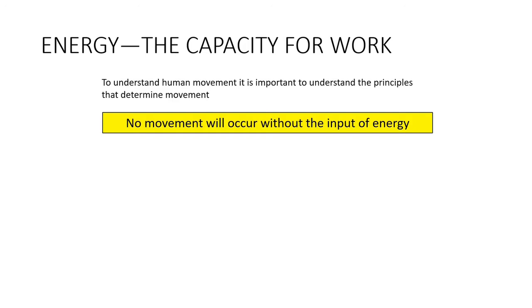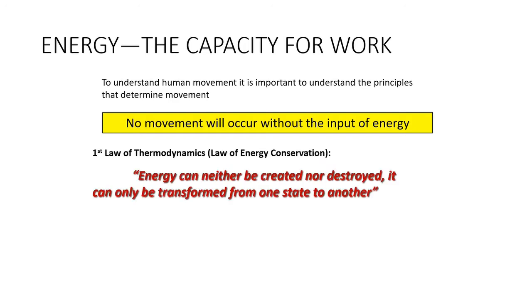Without energy, nothing happens. The first law of thermodynamics governs this principle, sometimes known as the law of energy conservation. It reads, energy can neither be created nor destroyed. It can only be transformed from one state to another.